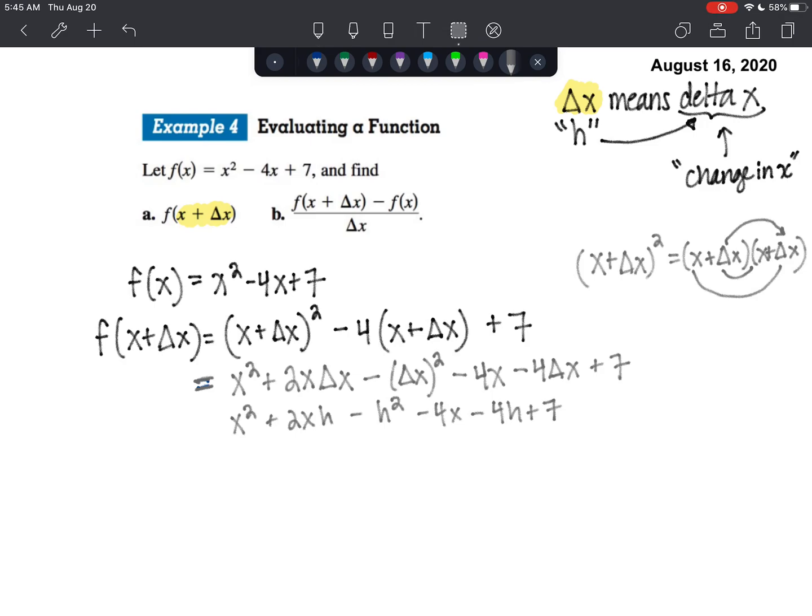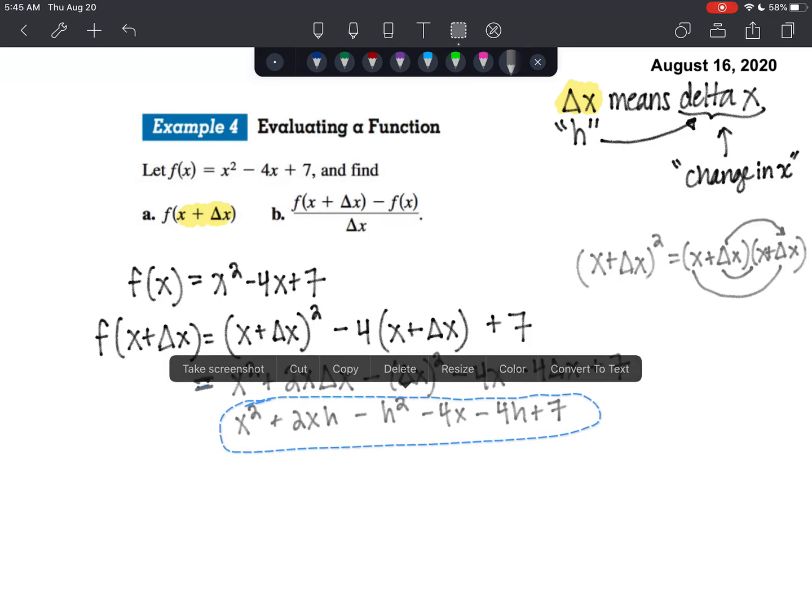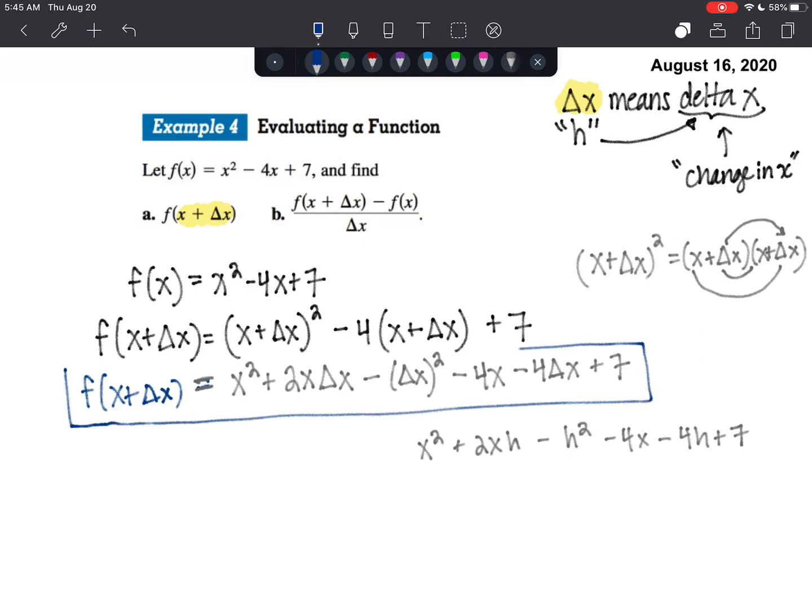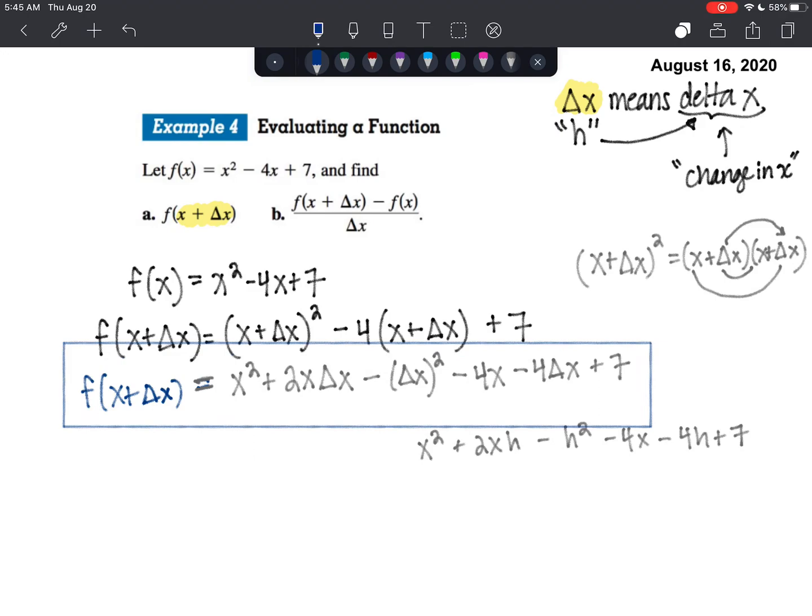Therefore, put this off to the side. Therefore, f of x plus delta x is this answer right here. There we go. Okay. Now let's go to the second.